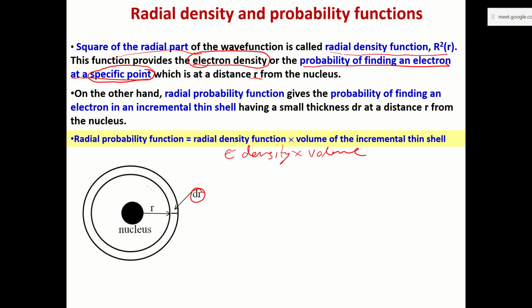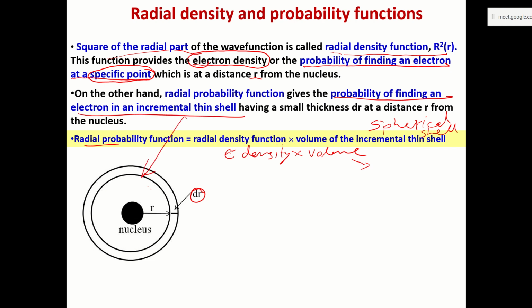And so this volume is what? We visualize spherical shells arranged in concentric layers, one over the other, and then we are trying to find the probability of finding an electron in this shell.